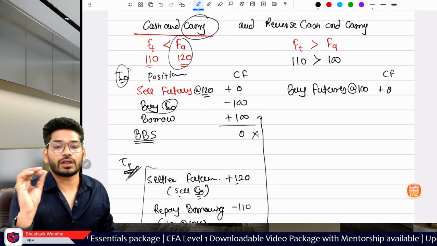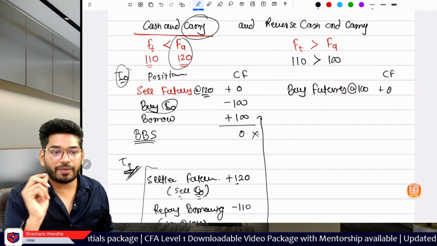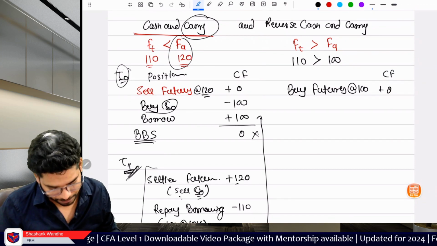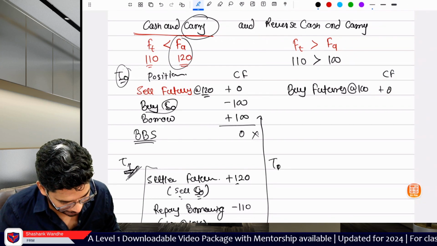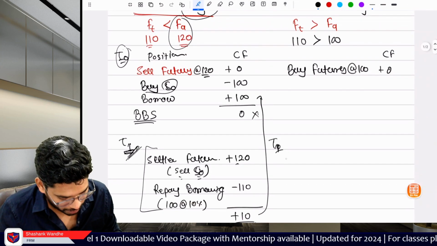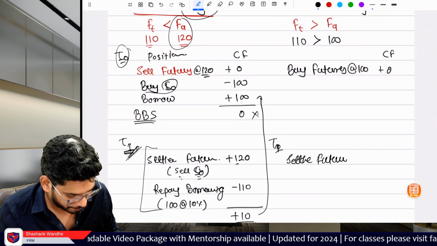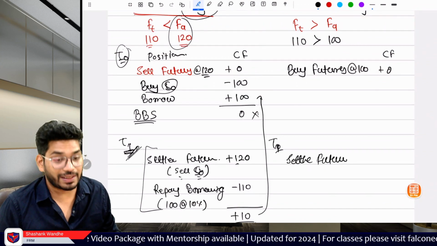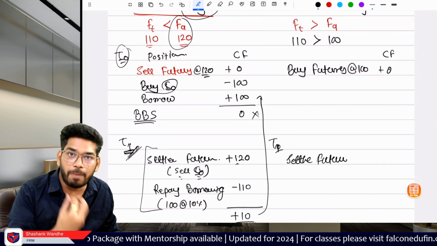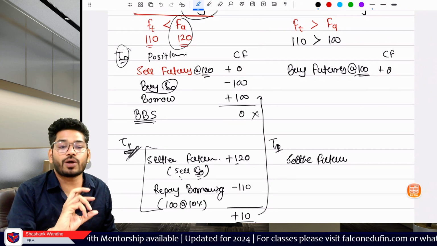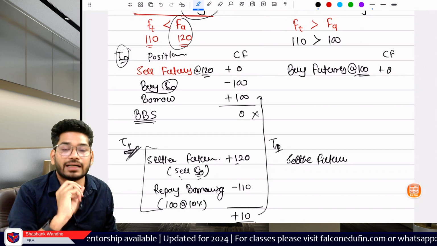Now, here, remember one thing. If you buy futures, at time T1 you will settle your futures. If you settle your futures, that is, you buy the underlying, and you entered futures at 100, so you have to buy it at 100.